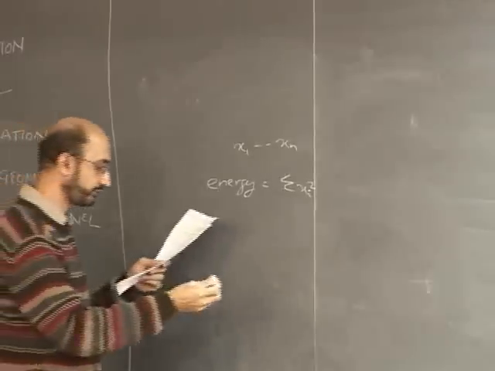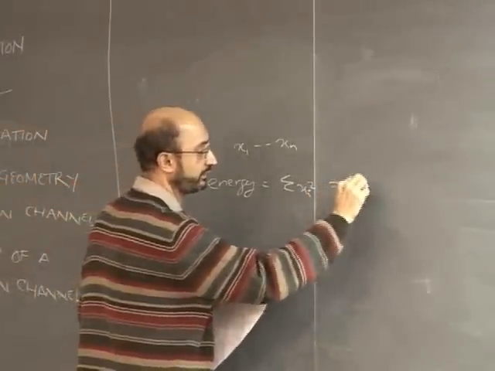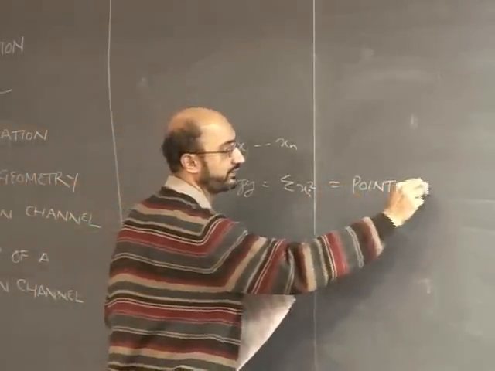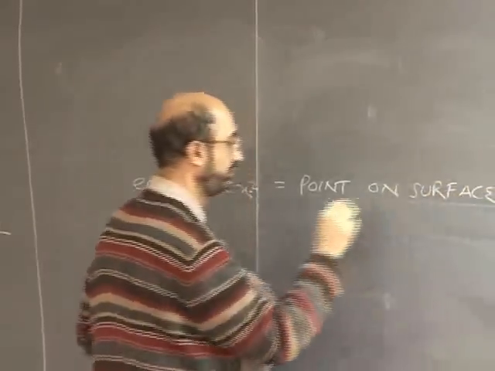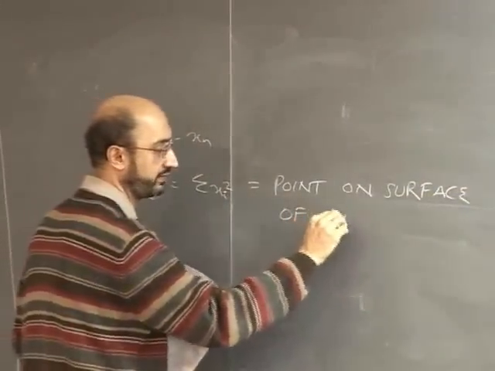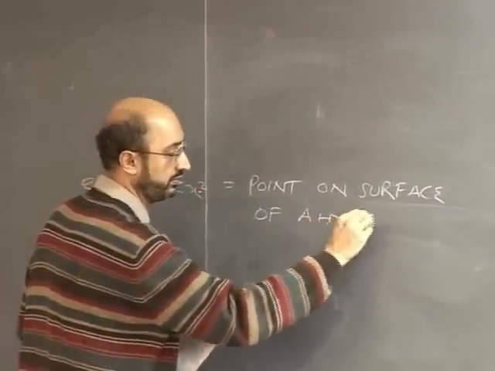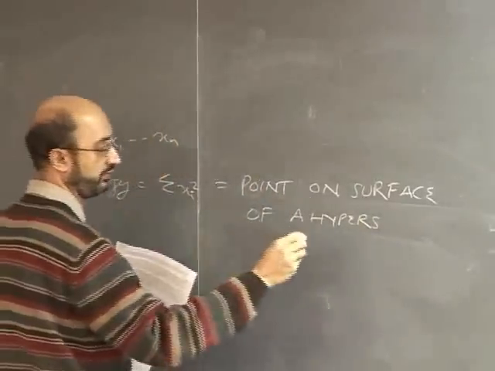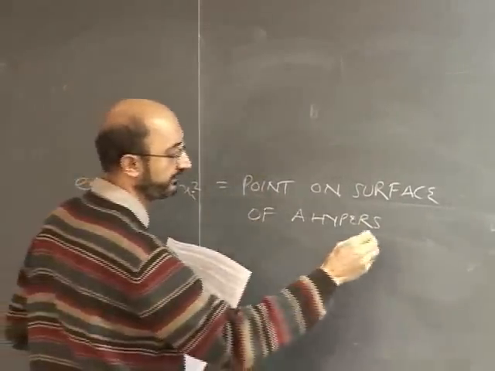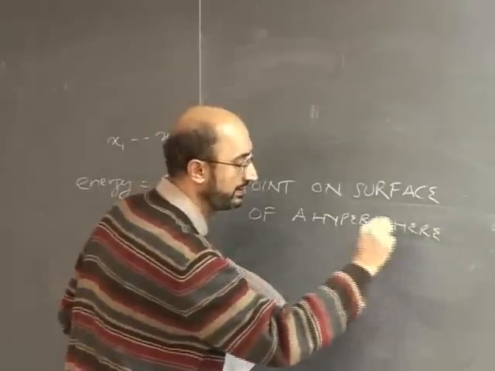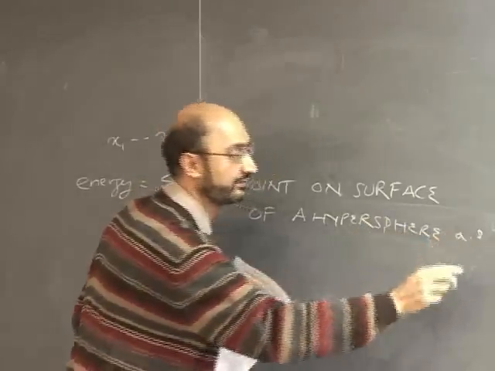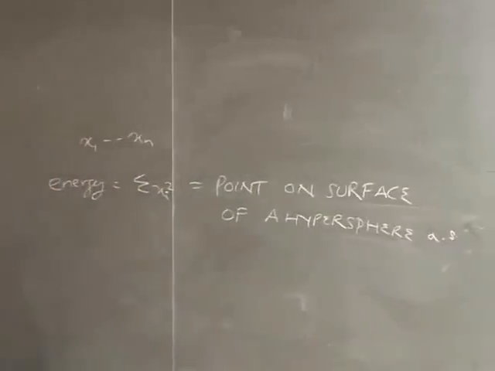And this corresponds to a point on the surface of a hypersphere. Okay, it's almost surely a point on the surface of a hypersphere. It's not guaranteed, but it's almost surely as n tends to infinity. So I'll just put that to emphasize that it's almost surely.